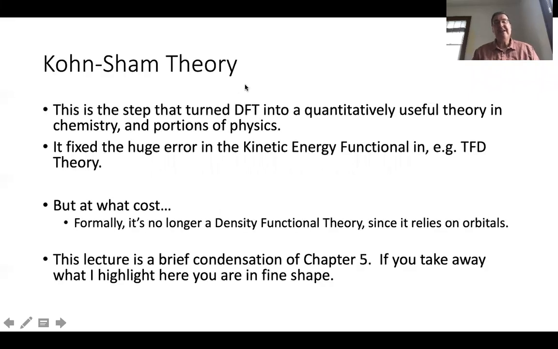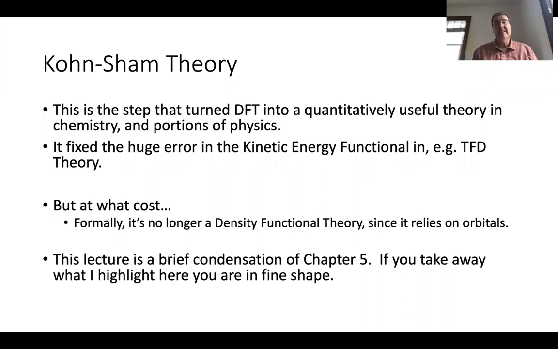All right, so here's Kohn-Sham theory. And you'll note that this Kohn name is kind of ubiquitous, right? Hohenberg-Kohn, Kohn-Sham. Walter Kohn is a physicist in his mid-90s at the University of California, Santa Barbara.